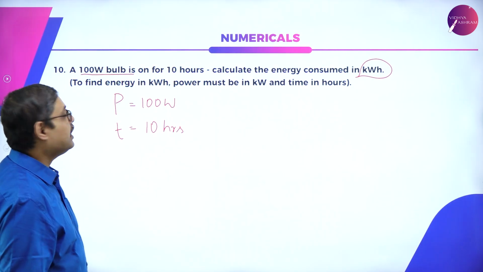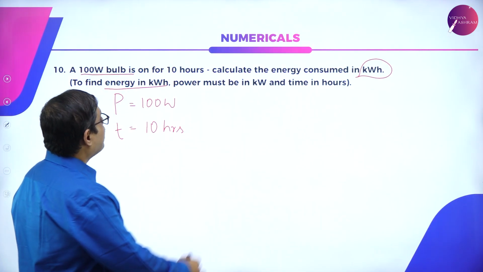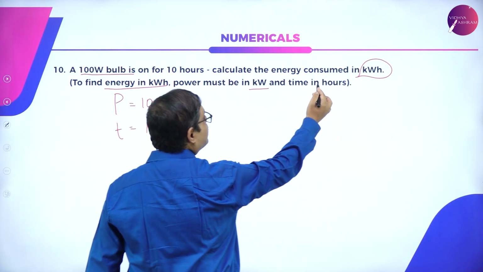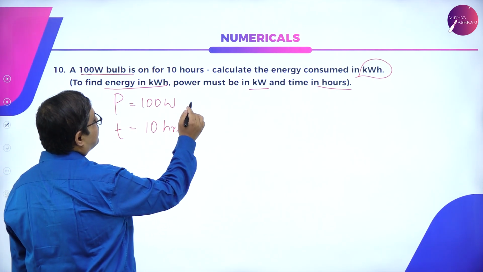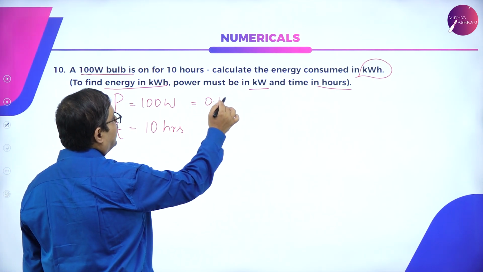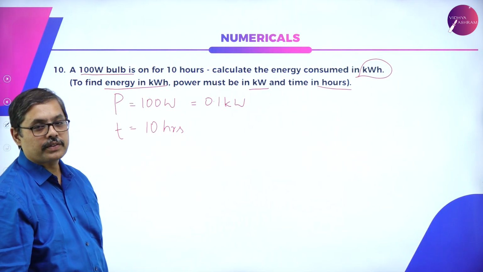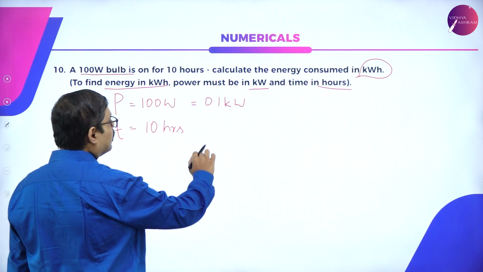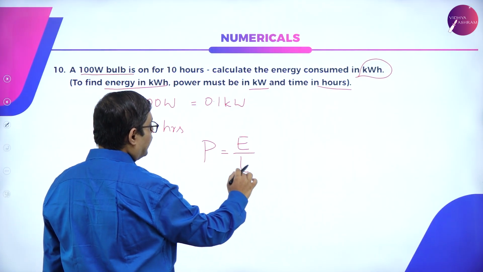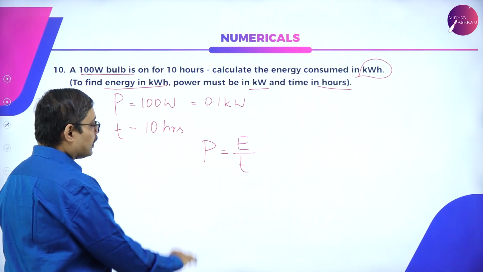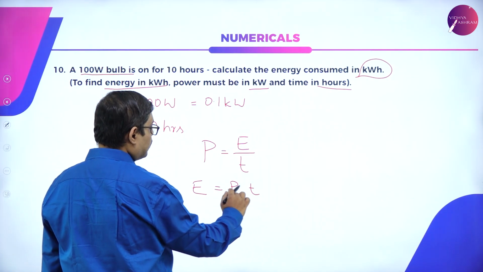There is a small hint given. To find energy in kilowatt hour, power must be in kilowatt, time must be in hours. Power, he says, is 100 watts. So this is nothing but 0.1 kilowatt. Time is already in hours. What do we know? We know that power is energy spent over a period of time, or the energy is equal to power into time.